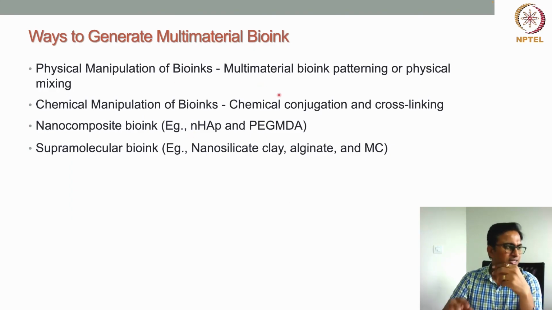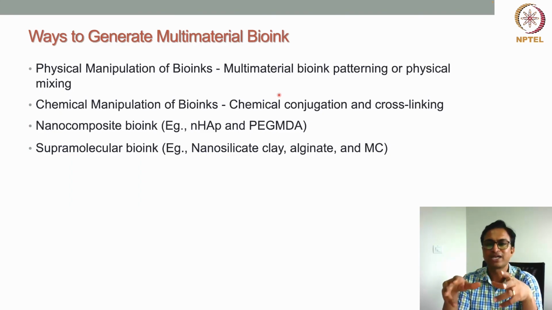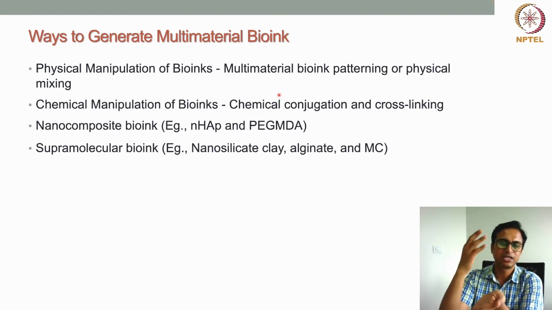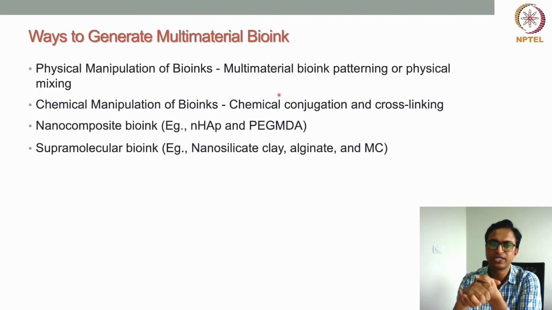Either the multimaterial Bioink or the Bioink can be patterned. That means at certain locations one type of biomaterial is printed, and at another location another type of biomaterial is printed. By this way we can pattern the different Bioinks at different locations, and we can have different types of properties, and by this way we can generate different biological functions. Right? Physical mixing, as I said, is also another way of doing that.